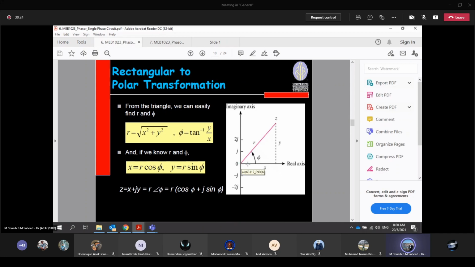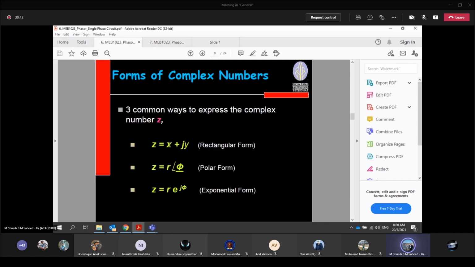If you draw the rectangular values in Cartesian coordinates, it will look something like this. This is the simplest one, for z equals x plus jy.